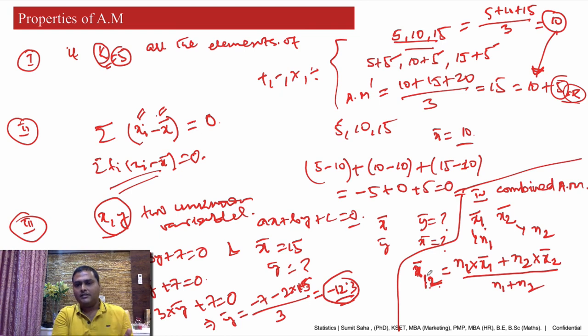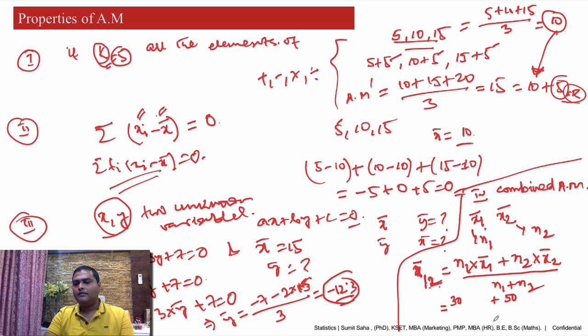Think that there is a BSc student group and there is a BA student group. In BSc, I said there are total 30 students, and in BA there are total 50 students. And I also said that let's say 15 is the average mark for BSc students and 30 is the average mark for BA students. And the total number of students in this case is 30 plus 50.